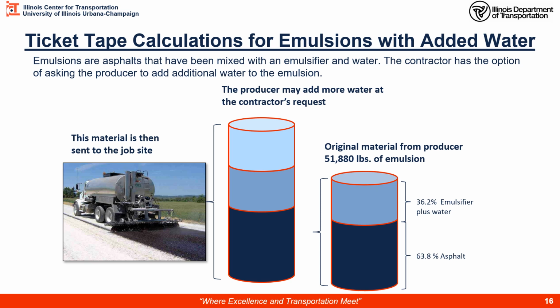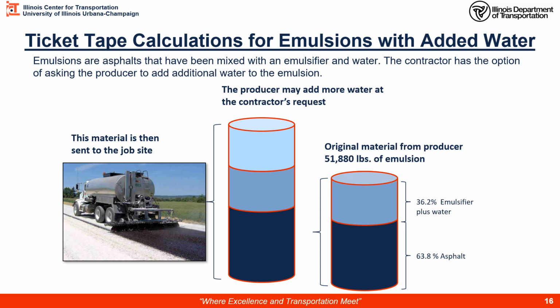So the idea is to have a larger quantity going through the nozzles so it can slow down and you get a uniform coat. That does present some problems in that we're applying more water that needs to evaporate. It could take a little bit longer to break that emulsion to where you can get on it to pave. But that's a basic concept.